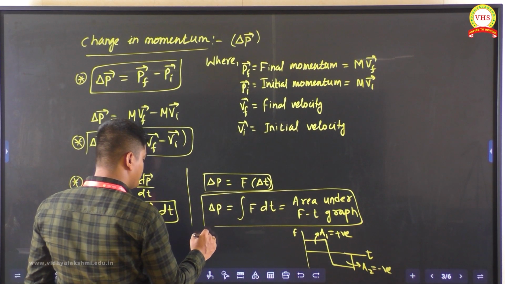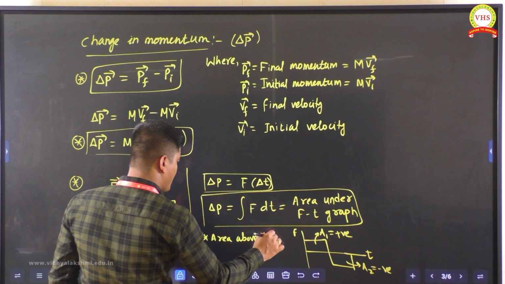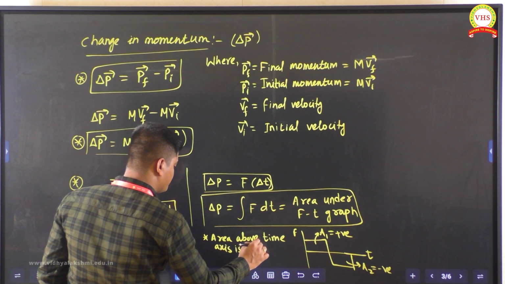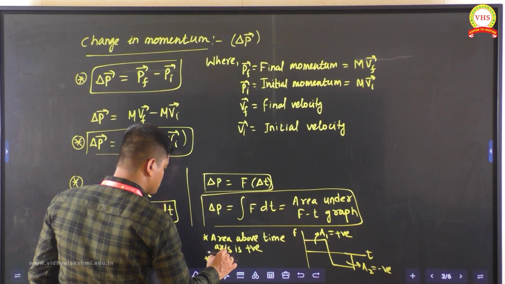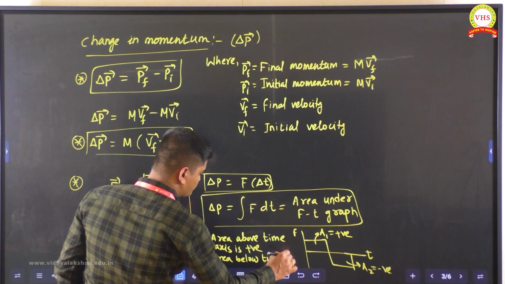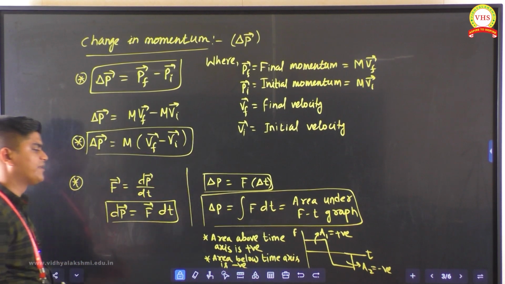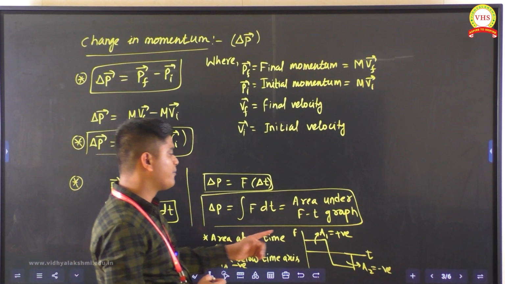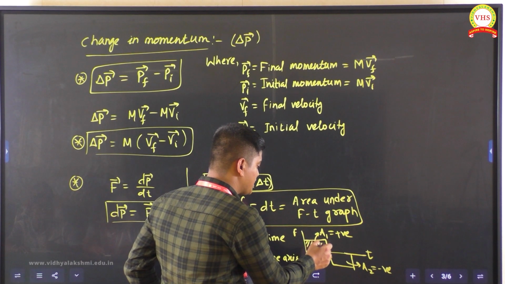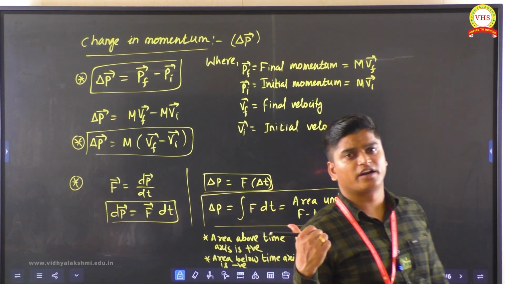So area above the time axis is positive, and area below the time axis I'll take as negative. The area under this graph will give me the change in momentum.